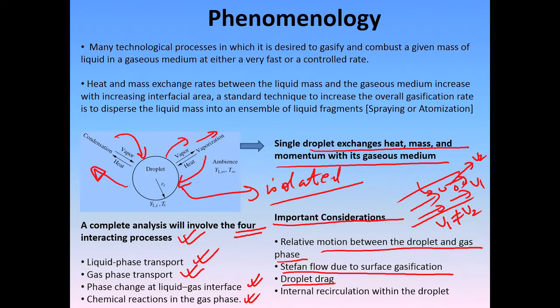Similarly, there will be internal recirculation inside the droplet. When there is a flow outside, why should there not be a flow inside? The droplet is also in the liquid phase, so there will be a flow inside. All these important considerations need to be taken into account if we want to solve this full problem.